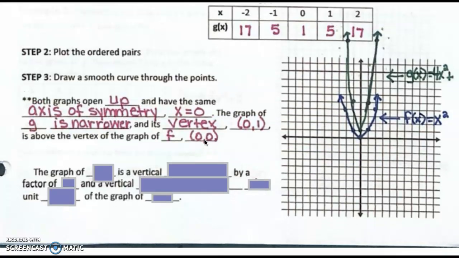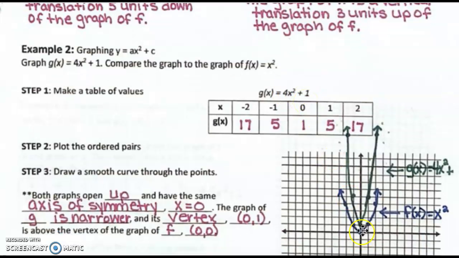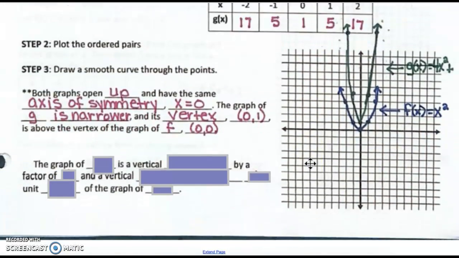Okay, so now we have to figure out what this 4 did to it and what the 1 does to that parent function. We know that the 1 moves it 1 unit up, and we can see that. And remember, if the graph gets skinnier, or if this number is greater than 1, then it's going to be a vertical stretch.